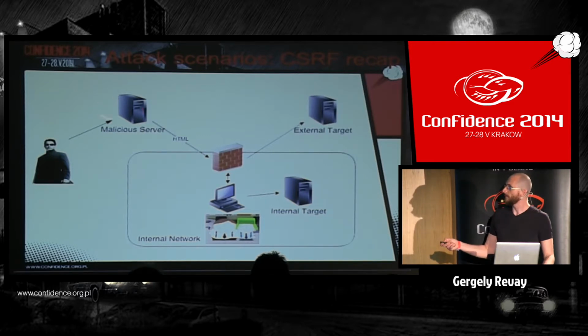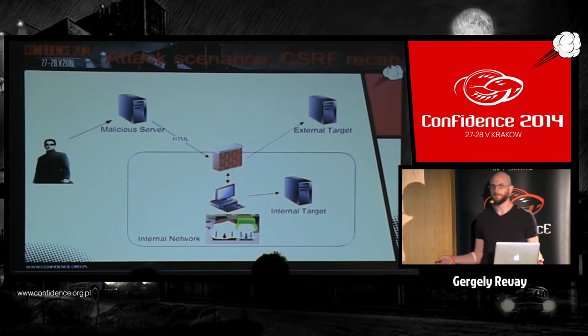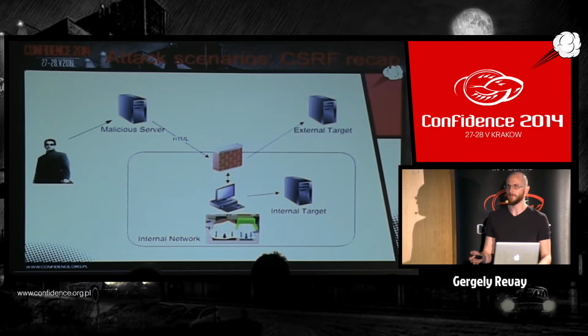And then the form will be submitted, so there will be a request sent to Facebook. Since this page is loaded in the browser, when the browser sees that there is a request sent to Facebook, it's like, oh good, I have cookies for Facebook, I will just attach these cookies to this request, and then everybody's happy.